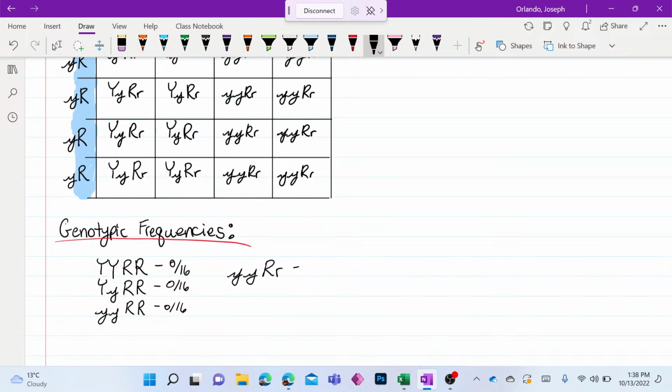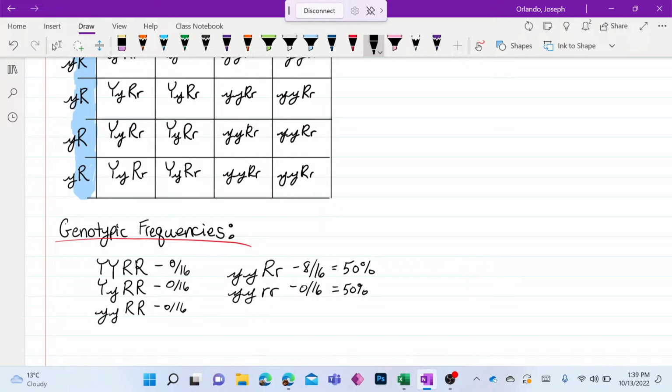How many of those did we get? 8 of 16. What's that as a percentage? Good. What's the next possible combination? Yep. Small y, small r, small r. How many of those do we have? 0 of 16, which is 0%.